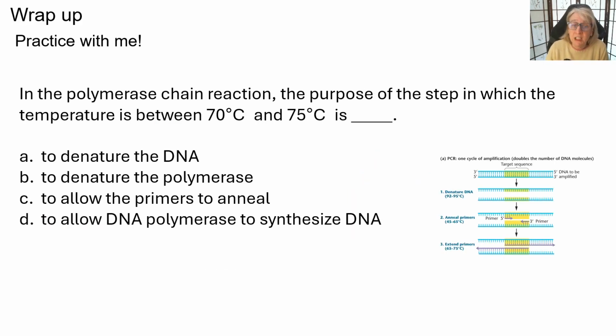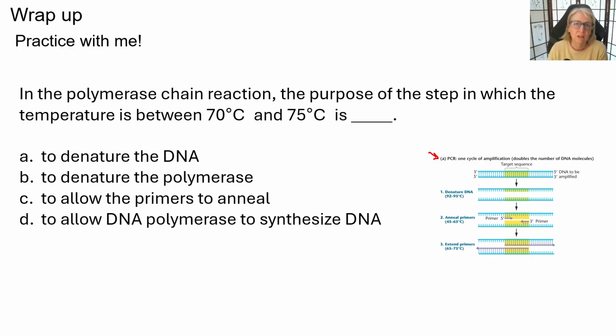In a PCR reaction, so polymerase chain reaction, the purpose of the step where the temperature is between 70 and 75 is, so I put the glue over here. These temperatures matter. I normally tell you, like, get the gist of them.